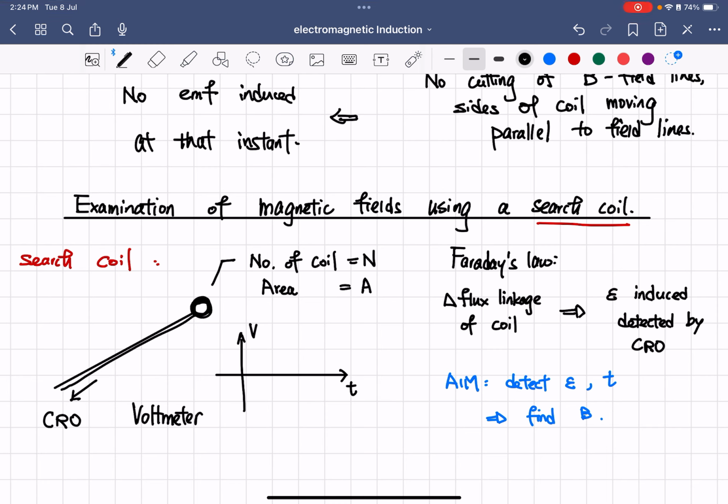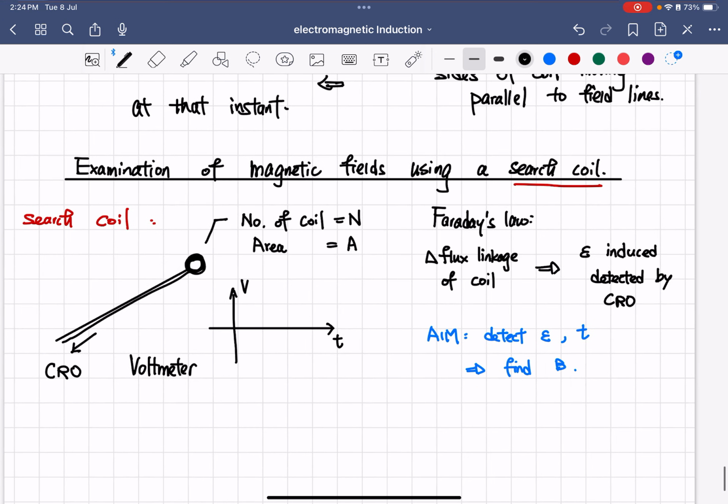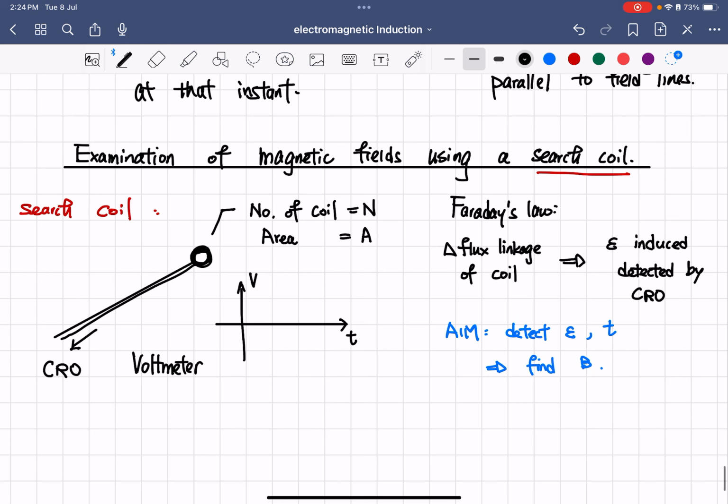And at the same time, I believe there are already many more user-friendly sensors available in the market that can replace it. But anyway, we do not learn this as a practical skill that we will use in an experiment; you can just see this as an application of Faraday's law.